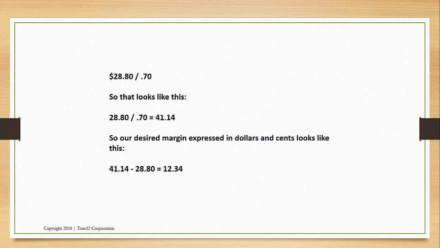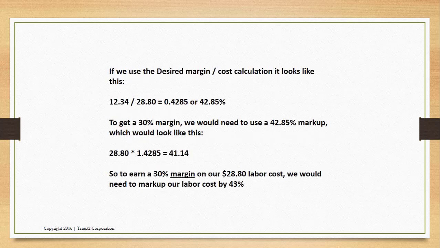So our desired margin expressed in dollars and cents looks like this: 41.14 minus 28.80 equals $12.34. $12.34 is the markup. If we use the desired margin divided by cost calculation, it looks like this: 12.34 divided by 28.80 equals 0.4285 or 42.85%.